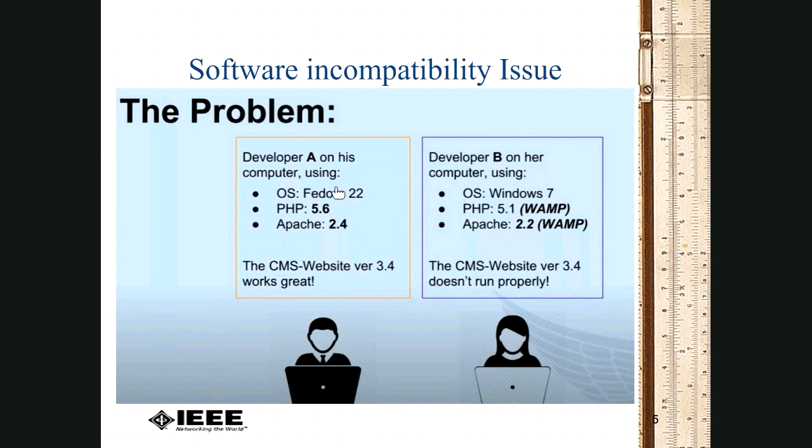And then developer B is working on another problem, and developer B has a platform running over Windows 7, for example, and it has a different version of the Apache and the PHP.